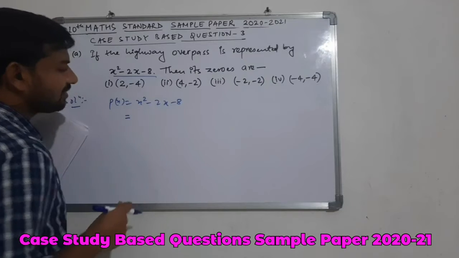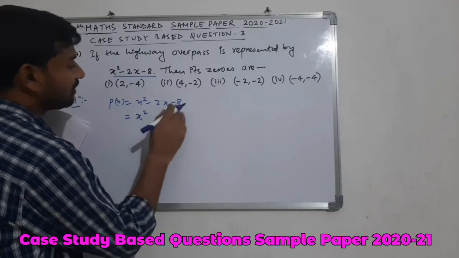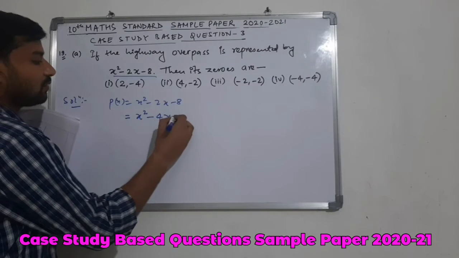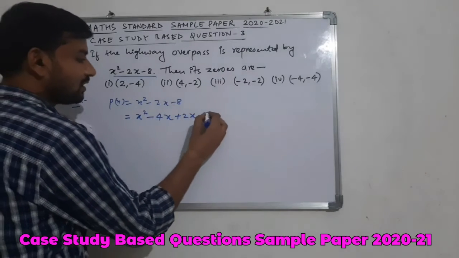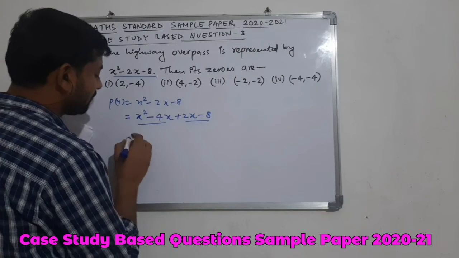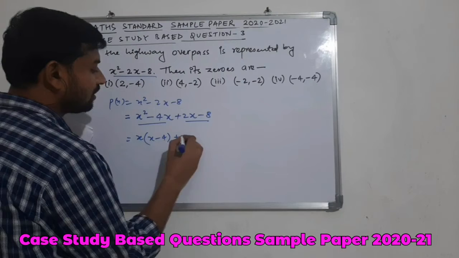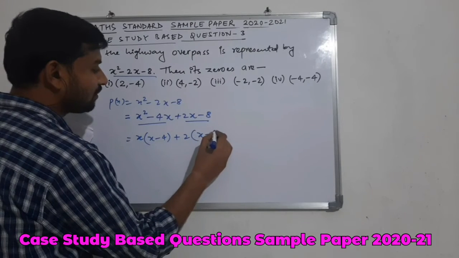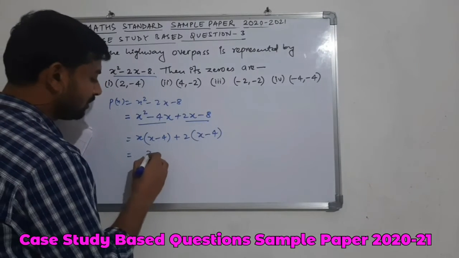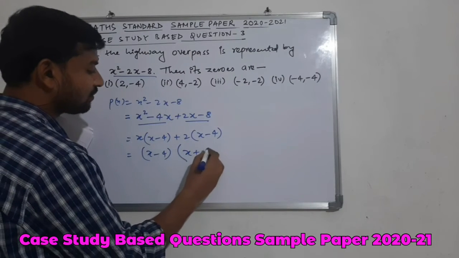So clearly it is a case of splitting of middle term problem. So we can split this in the form of minus 4x plus 2x minus 8. And if we look at these two pairs now, from the first pair we can take out x, so x minus 4. And if we take out 2 from the second pair, we get 2 into x minus 4. So overall we have x minus 4 as common, the remaining is x plus 2.